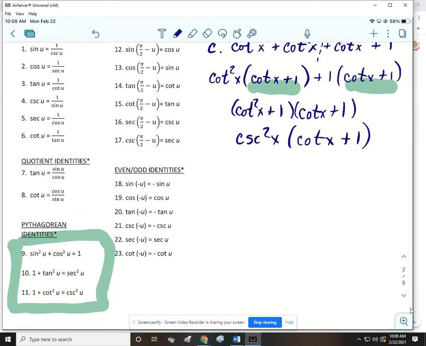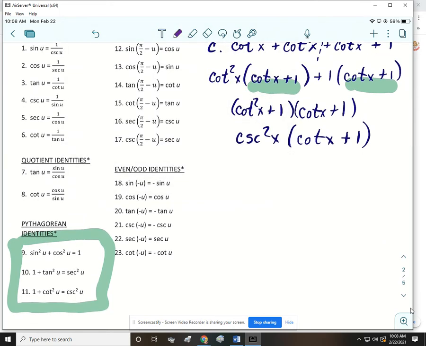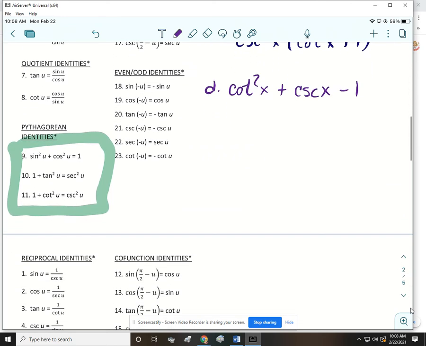Okay, so let's look at another one. Let's look at D. For D, we have cotangent squared of x plus cosecant of x minus 1. All right, now we want to factor this, but the way this is written right now, we can't because we have cotangent squared and then we have a regular old cosecant. So that's not going to quite cut it.